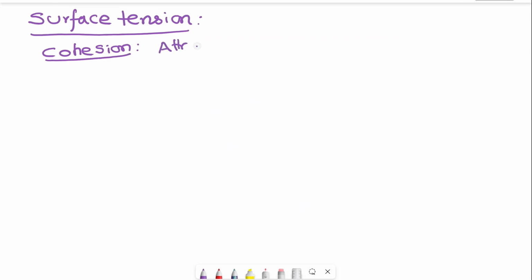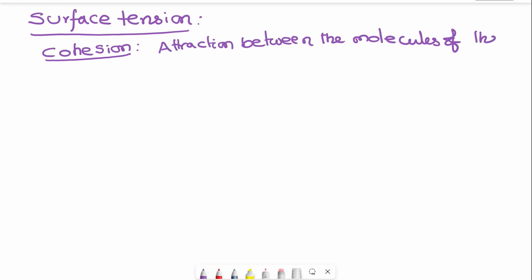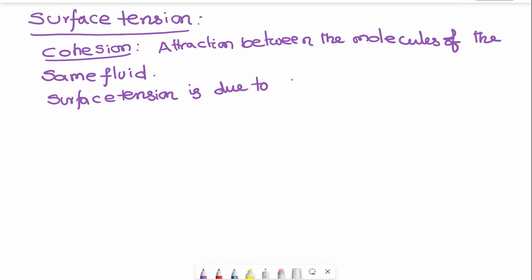Attraction between the molecules of the same fluid is called cohesion, and surface tension is due to cohesion.